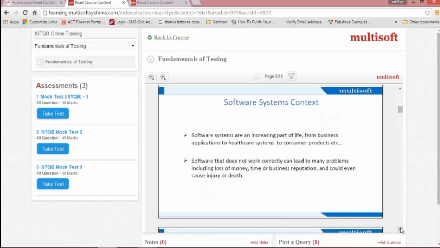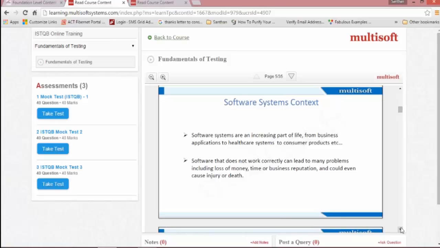That means healthcare, defense, aeronautical, those kinds of software will have very sensitive functionalities, and those will create a lot of problems if we don't implement them well. So for such safety critical projects, we have to test very thoroughly. Then only we can ensure that the application is working fine. So that is the importance of the systems context to consider while we are doing the testing.